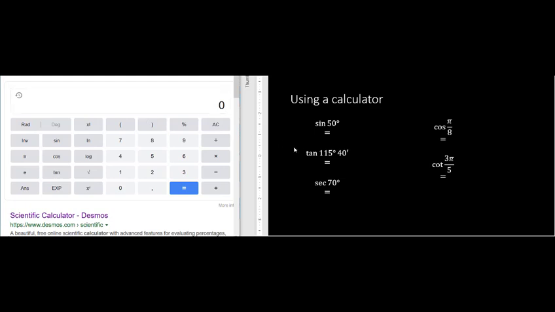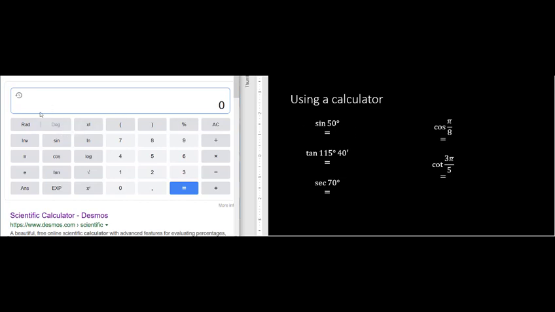So we have 5 different problems on the right side of the screen. The first one is sine of 50 degrees. Notice on the calculator we have sine, cosine, and tangent. Also realize up here we have radian and we have degree. Make sure the correct one is selected when you are doing your calculations, otherwise you're going to get the wrong answer.